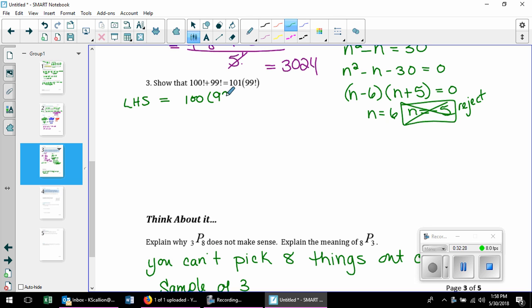And we'll leave it as a 99 factorial. So what am I going to common factor out there, Garrison? 99 factorial. So if I take out a 99 factorial, what am I left with? 100. And then what's coming out of this one?